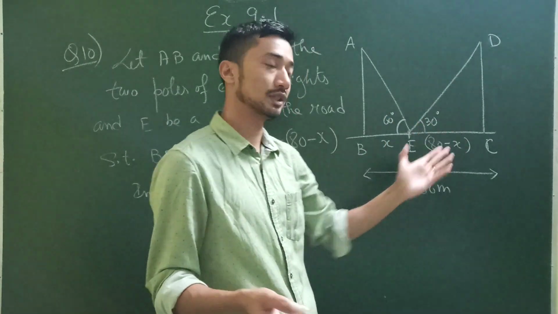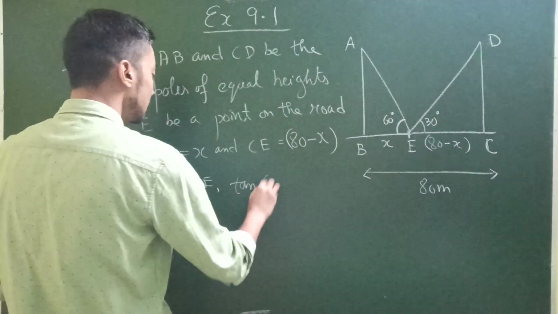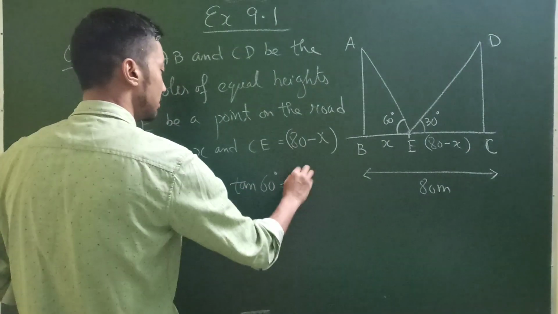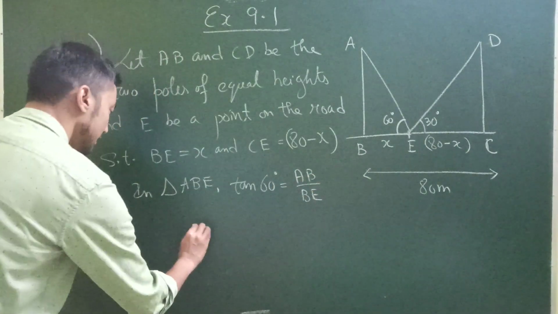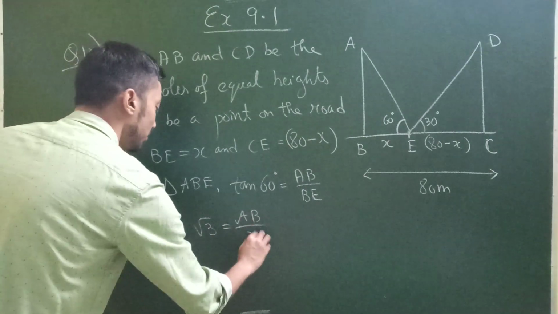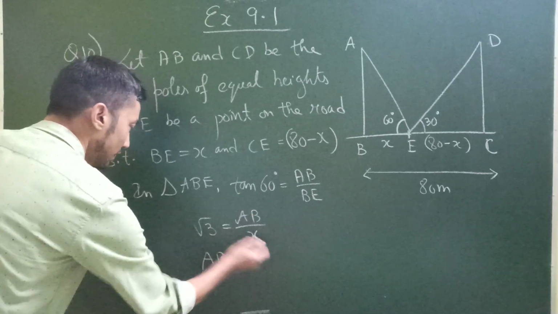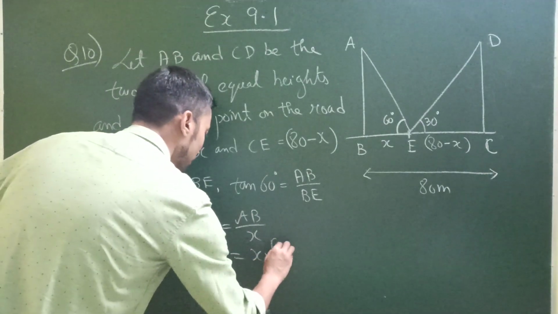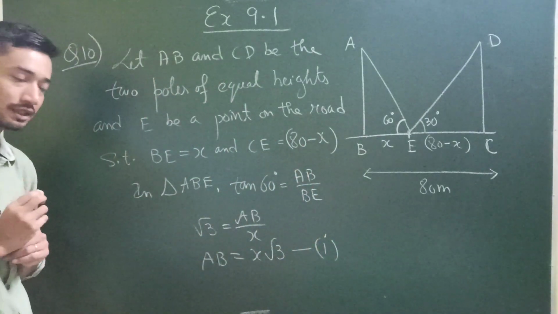That's up to you, this is just as per my diagram. So tan 60 degrees would be equal to AB by BE. Now tan 60 is root 3. AB we don't know. BE we have assumed to be x. So by cross multiplying, AB equals x root 3. Let's just keep that.